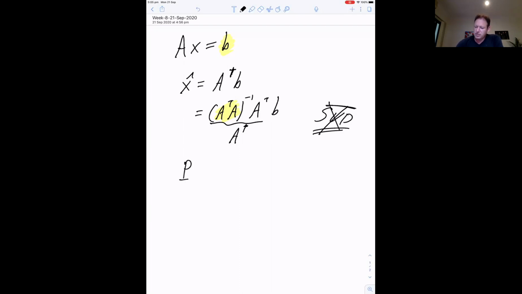There's also the projection matrix associated with the story, and that's just A times A dagger, which is A (A transposed A) inverse A transposed. We saw the projection matrix is symmetric, and the projection matrix times itself is still the projection matrix. Let me try and draw it.